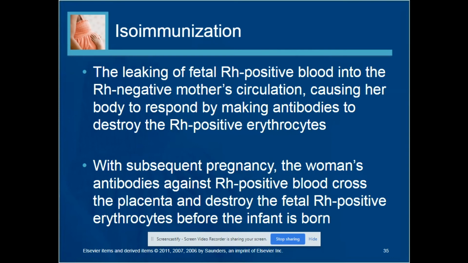This doesn't have a problem in that very first pregnancy, but then when you have the second pregnancy and the baby's positive, the woman's antibodies against that Rh positive blood cross the placenta and destroy fetal Rh positive erythrocytes before the infant is born, which could cause a spontaneous abortion.